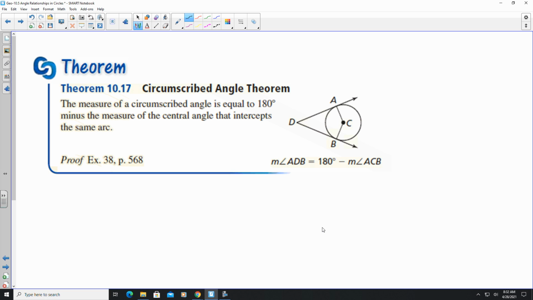So what they're saying is that angle ADB is going to be equal to 180 degrees minus the measure of ACB. Those things correlate.